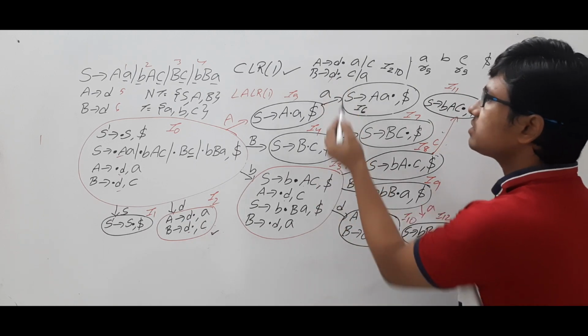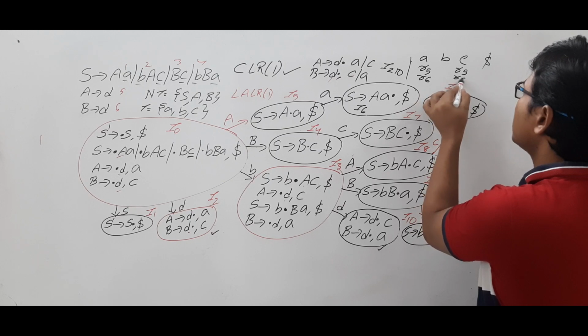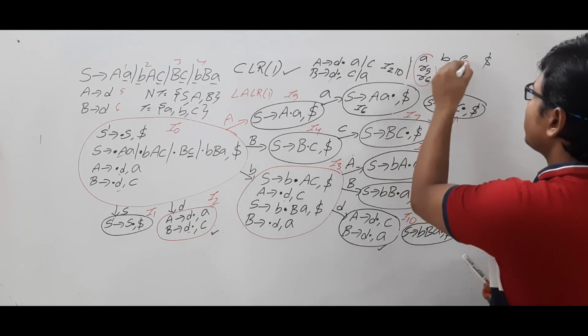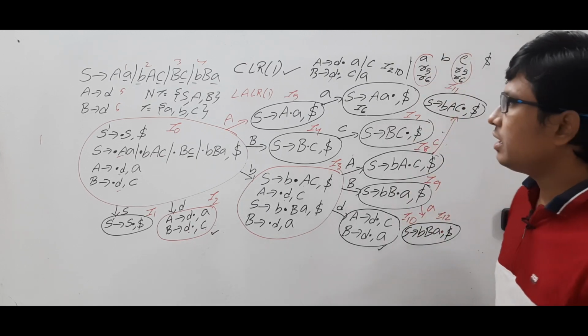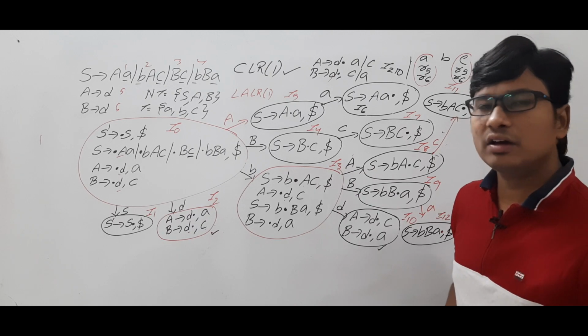And similarly, this reduced move R6, I will write it in A and C. Now if you check it, there is an RR conflict. So once you combine these two states, we got the RR conflict.